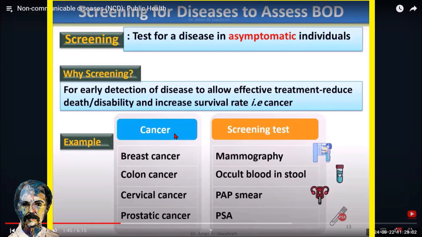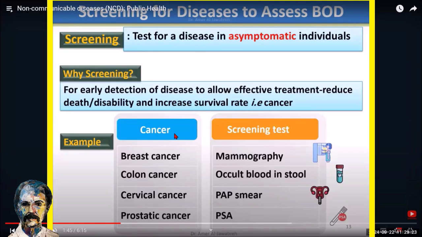The screening test, if we get it positive, do we say that the patient has the cancer or not? No, because this is just screening. We need a confirmatory test, so that's why we call it a sequential test or 2-stage test.